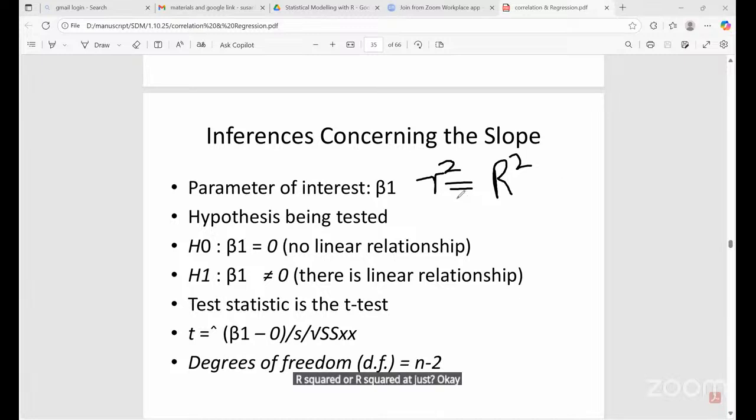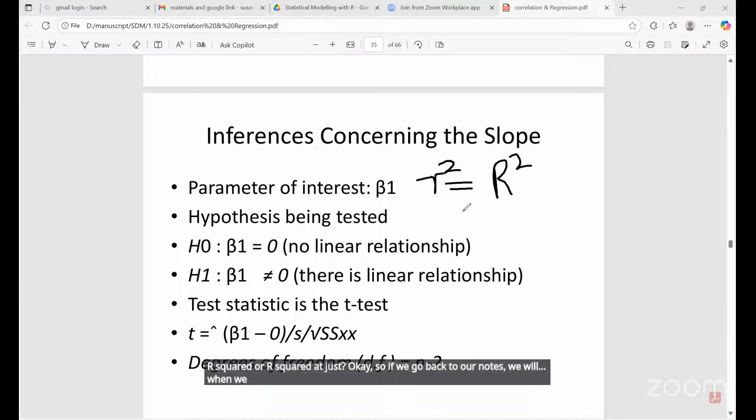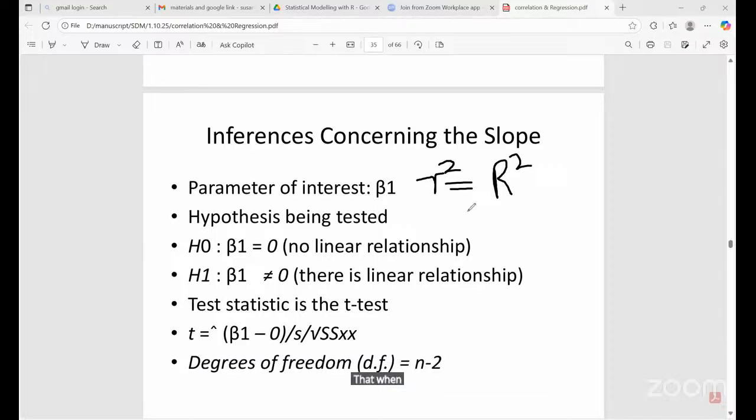When we do the practical, we'll find that when you square the correlation coefficient and look at the R squared, it is similar. So if your correlation is greater than 0.5, then when you run your regression, R squared is going to be higher too.